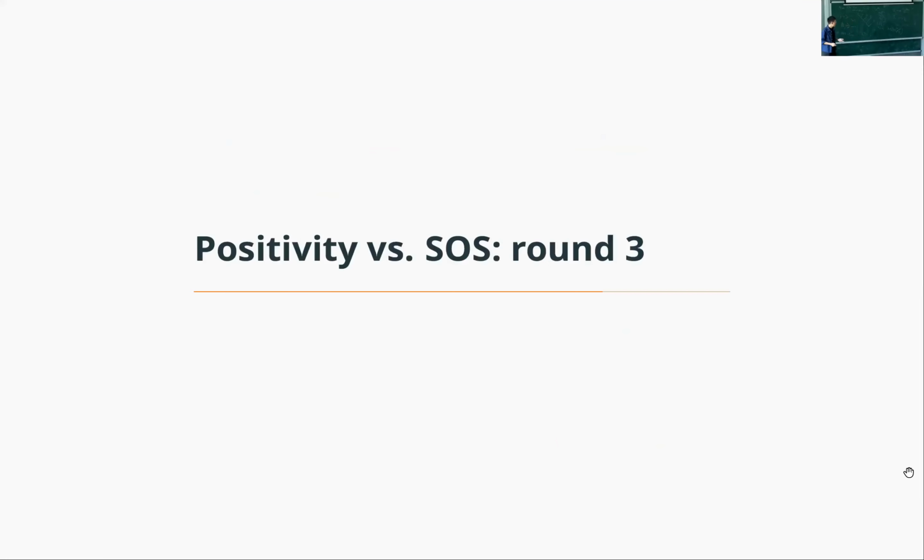So what about tensor products of free algebras? Those algebras are more important in the quantum setting. Say if you have two labs and you want to optimize some functions, maybe the winning probability of non-local games or other things. So now I want to talk about positivity and sum of squares in this tensor product of free algebras.